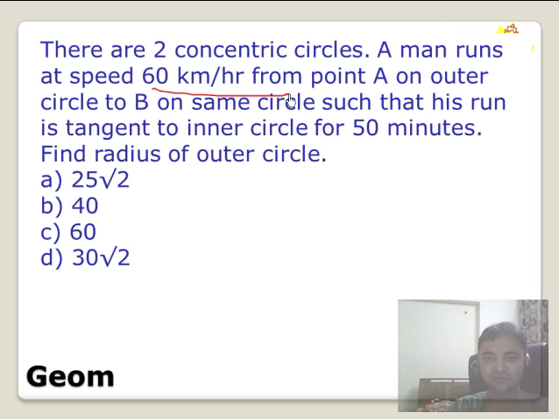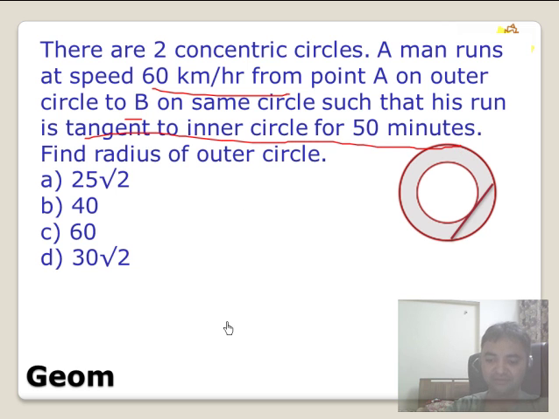A man ran at a speed of 60 km/h from point A outside the circle to point B on the outer circle in such a way that he ran tangent to the inner circle. If I try to draw it myself, it will look like this. I'm going from point A to point B. If his speed is 60 km per hour, he runs for 50 minutes, so the distance traveled is 50 km. Find the radius of the outer circle.